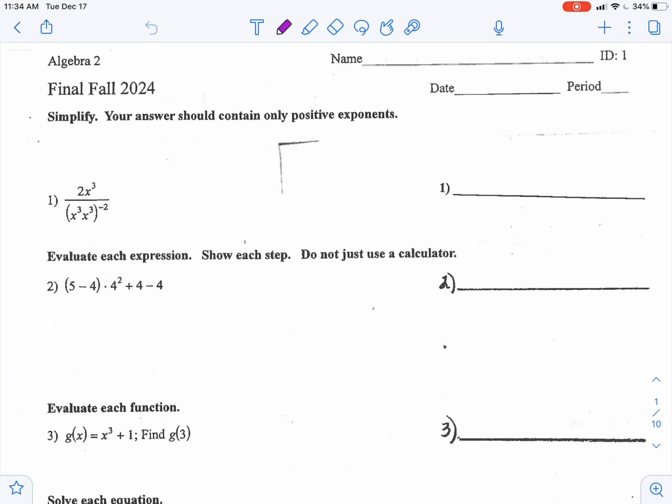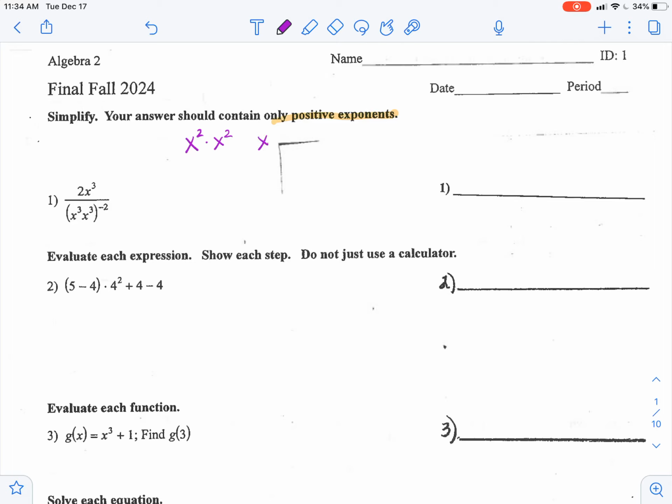So the first one is simplify, and be sure your answer contains only positive exponents. So I'm asking you to remember the rules of exponents. What do you do when you multiply exponents together? Okay, so that's what I'm asking you.